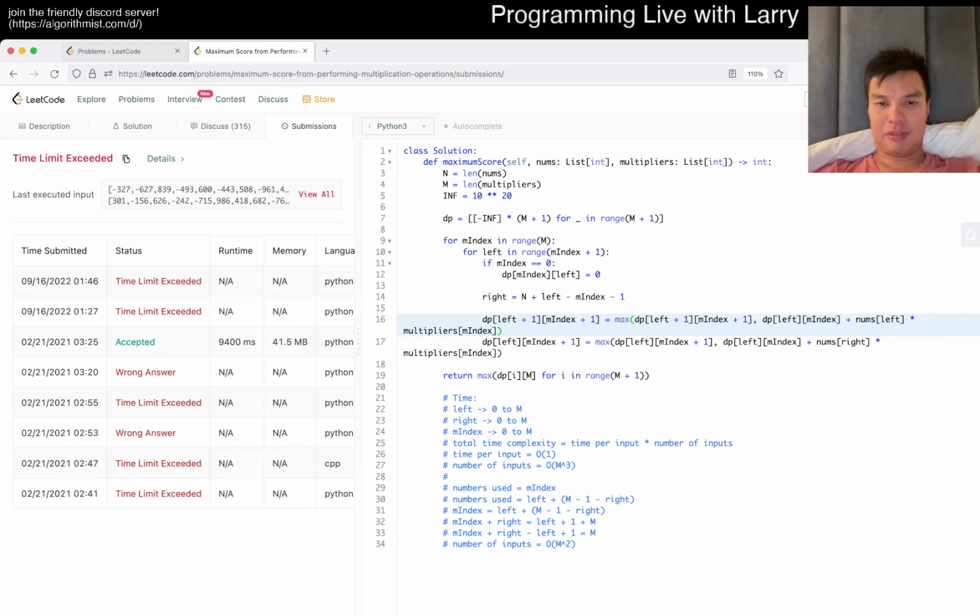I thought that they did fewer test cases, but maybe they just made it harder. I mean, we can allocate less memory, but that shouldn't matter that much.